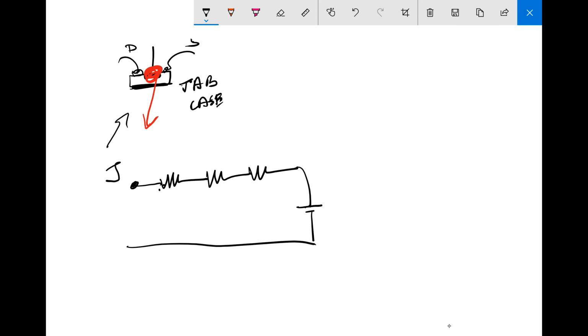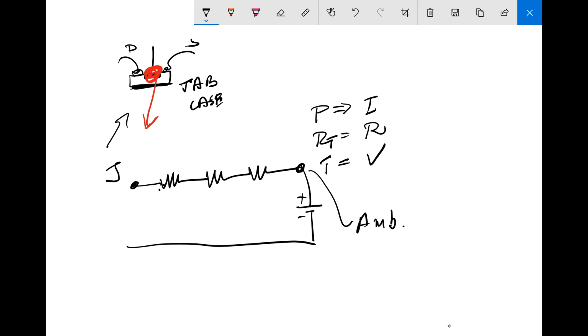In this model, power is current, and this R thermal is this resistor, and temperature is voltage. So here I have actually the ambient. And let's assume that this ambient is 25 degrees centigrade.